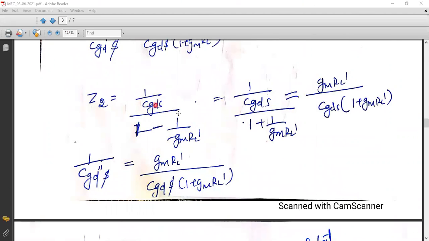So 1 by CGDS divided by 1 plus 1 by GMRL dash. Now take LCM in this denominator. LCM is GMRL dash. That is a common denominator that will come to the numerator. Divided by this term CGDS into, after cross multiplication, here you will get 1 plus GMRL dash.